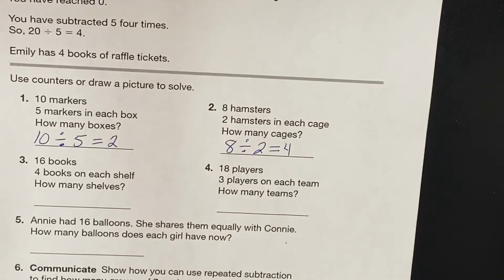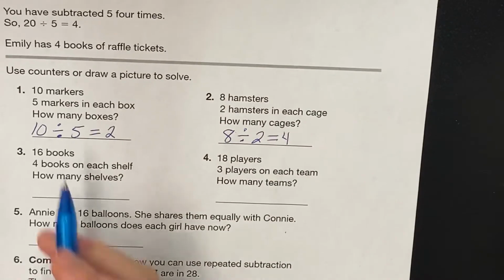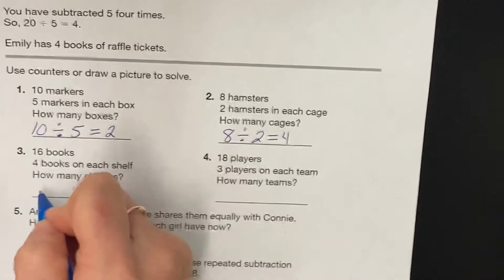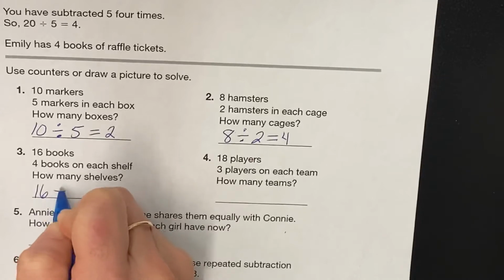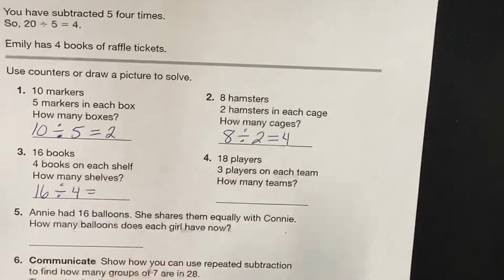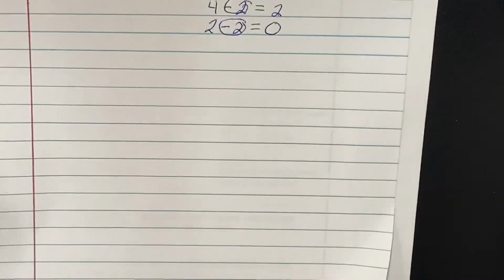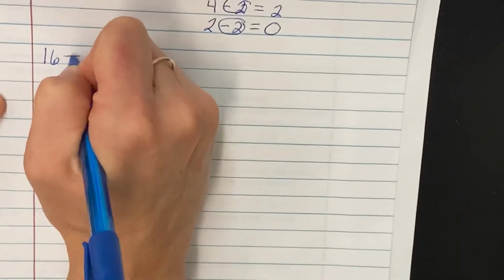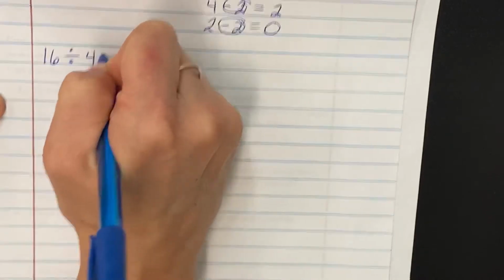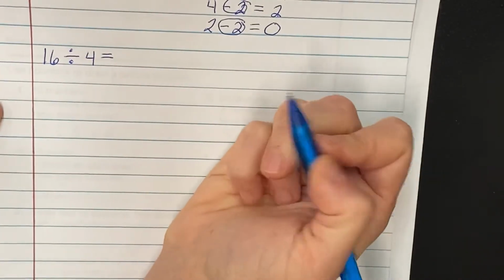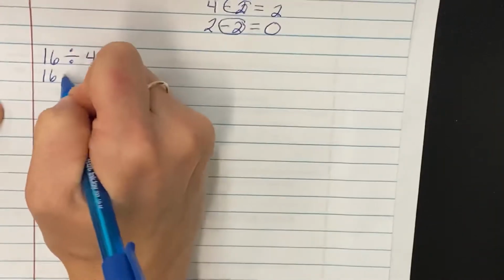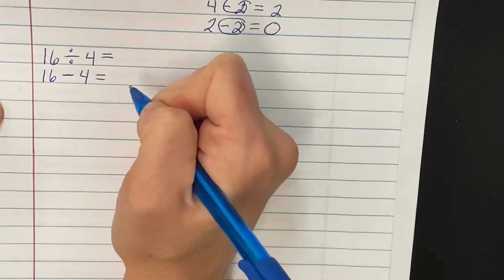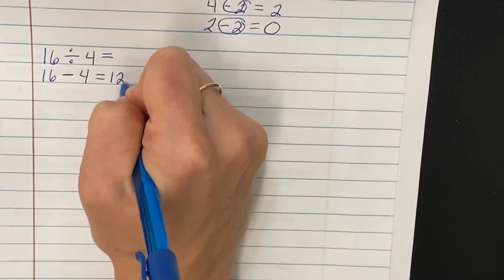4 cages. Number 3, 16 books, 4 books on each shelf. How many shelves? 16 divided by 4. Get your scrap paper. 16 divided by 4. Okay, first step is the easiest. 16, make it subtraction. 16 minus 4 equals 12.